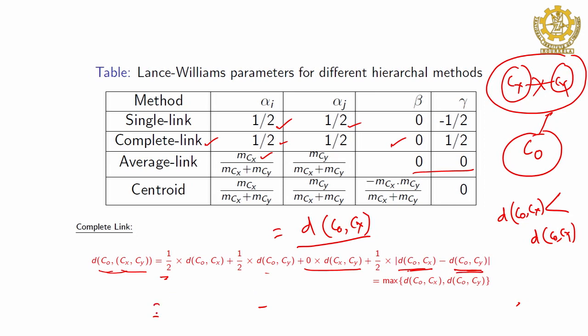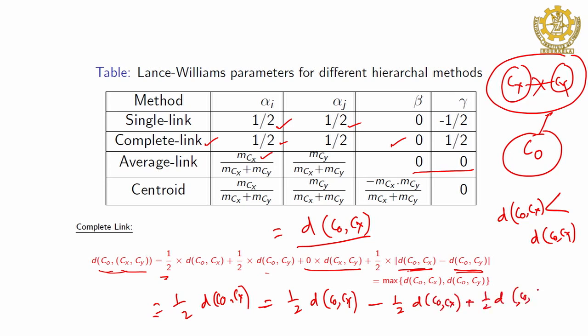So, therefore, we can write half of the distance C0 Cx plus half of the distance C0 Cy, this is negative. So, this will cancel out. So, then again the distance will be half of the distance C0 Cy, this half and this half.